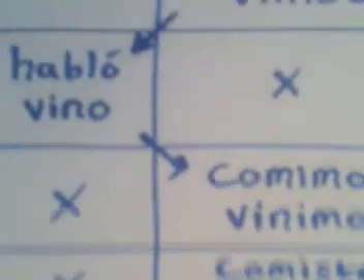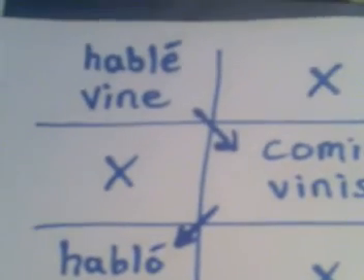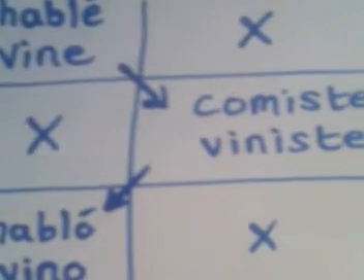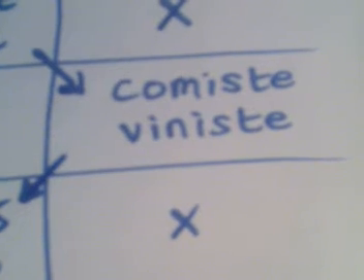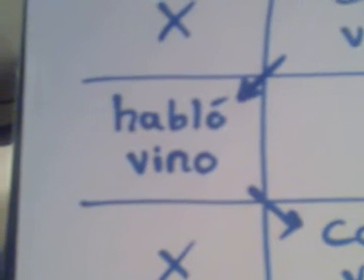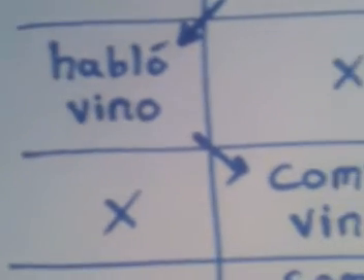Now I mentioned in part one that this is what I call the zigzag technique, and you can see from how I've drawn the arrows going from one column on the left down to another column on the right, and then another zigzag across from right to left onto the third person verb forms, and then another zigzag once more from left to right.